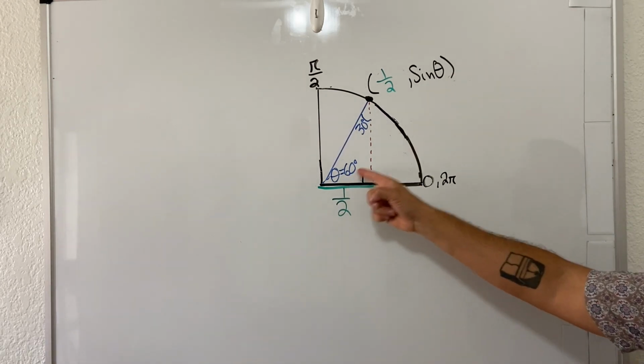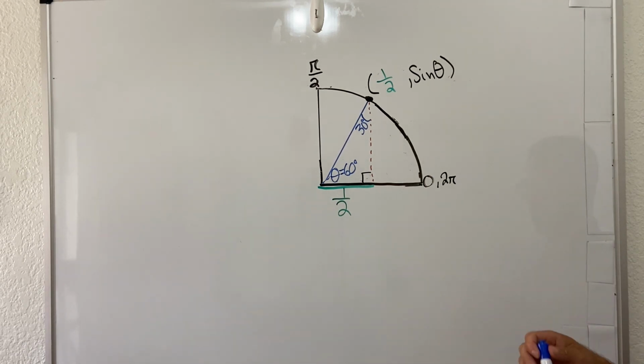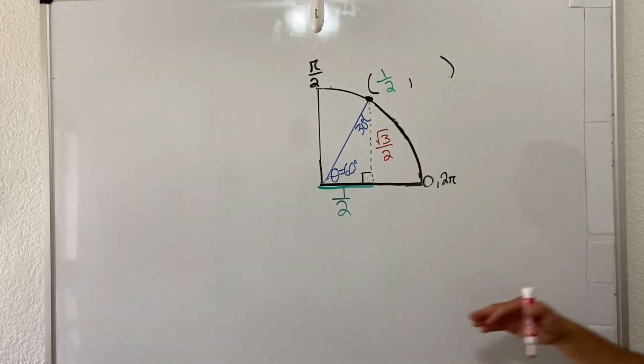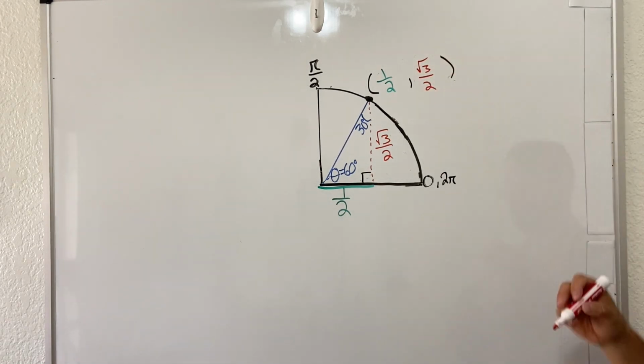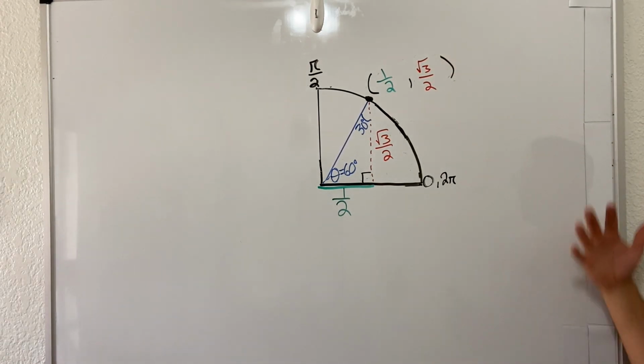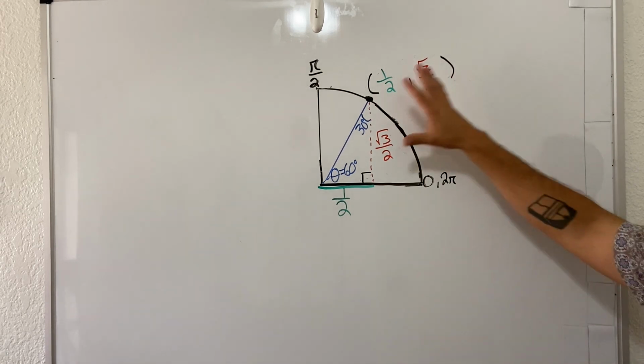And our side opposite to the 60-degree angle is root 3 over 2, which means that our sine of 60 degrees, or our sine of pi over 3, is root 3 over 2. And now we've completed all the angles for this quadrant.